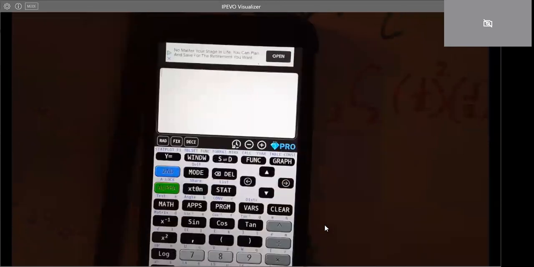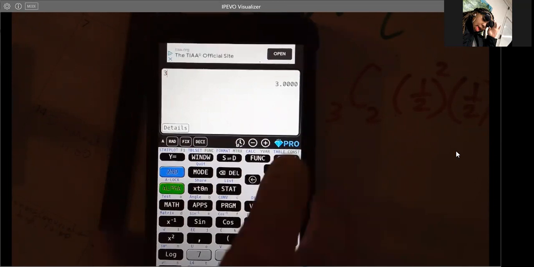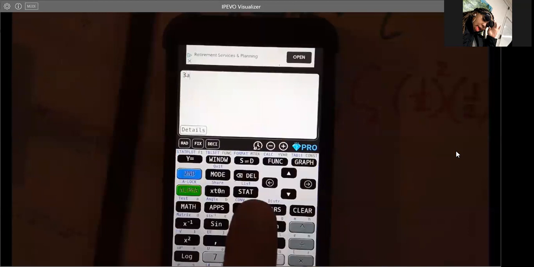So now you're going to put 3 in, and then you go to math, right here. Come on, math. There we go. And you want to go here to probability.